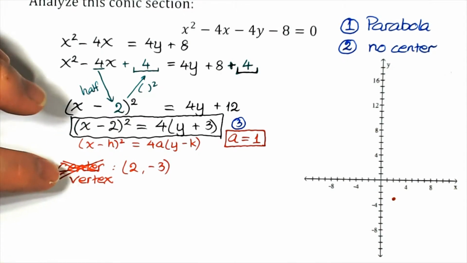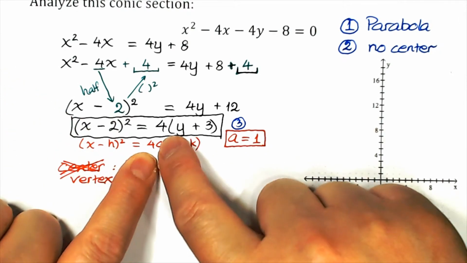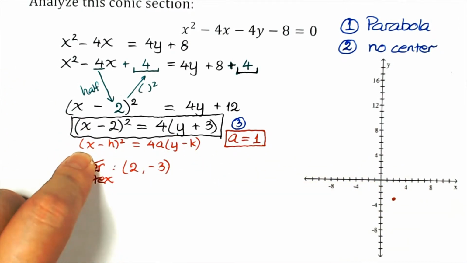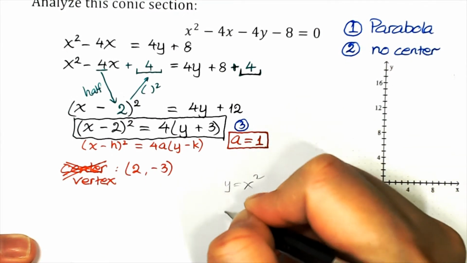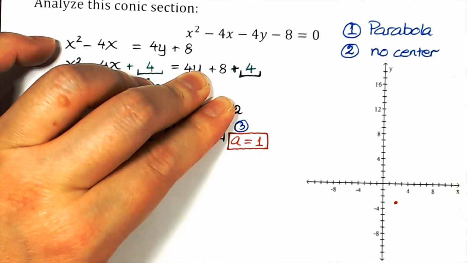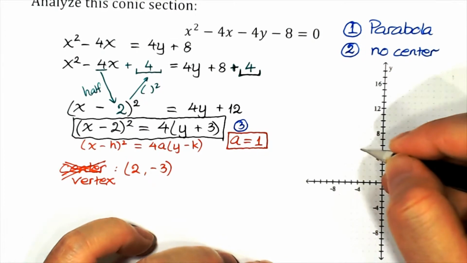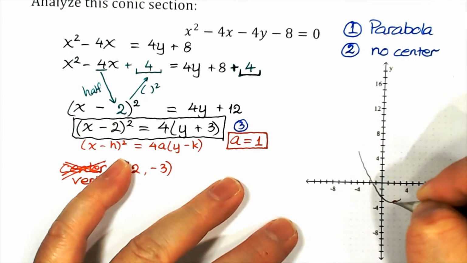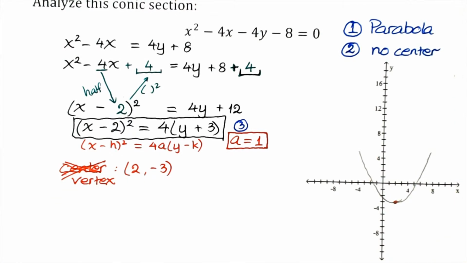Now, if we try to graph it, since a is equal to 1, it is positive, and x squared. So, similarly to just y equal to x squared, the graph opens up. So we know that the parabola is going to be like this. The graph should be a very easy thing to do.